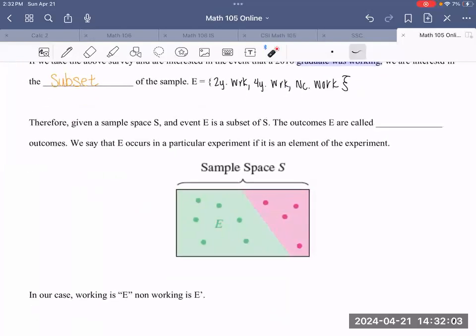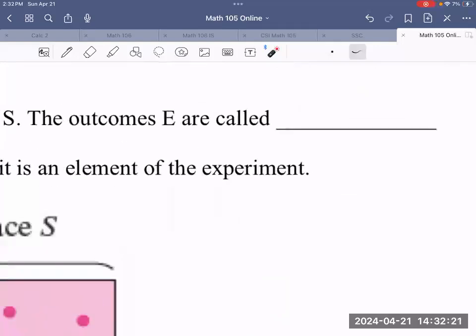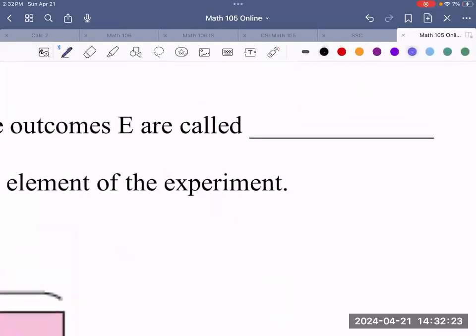So we just talked about events. Therefore, given a sample space as the collection of all possible outcomes and an event E, a subset of that, the outcomes of E are called favorable. It's what we're hoping to come up.